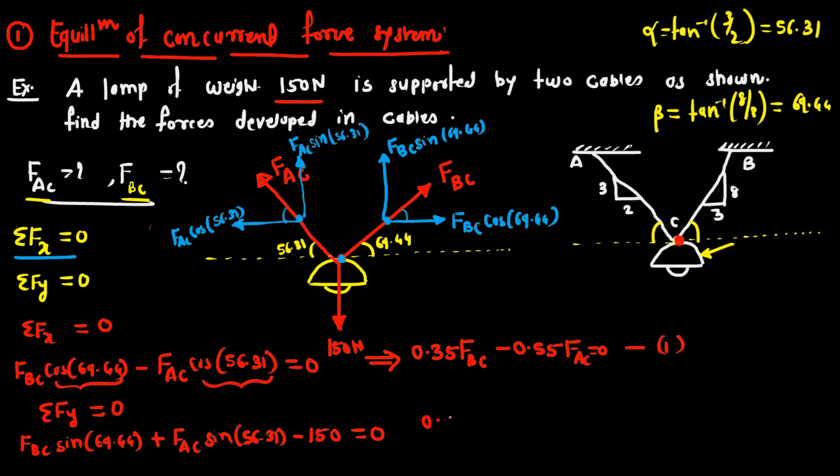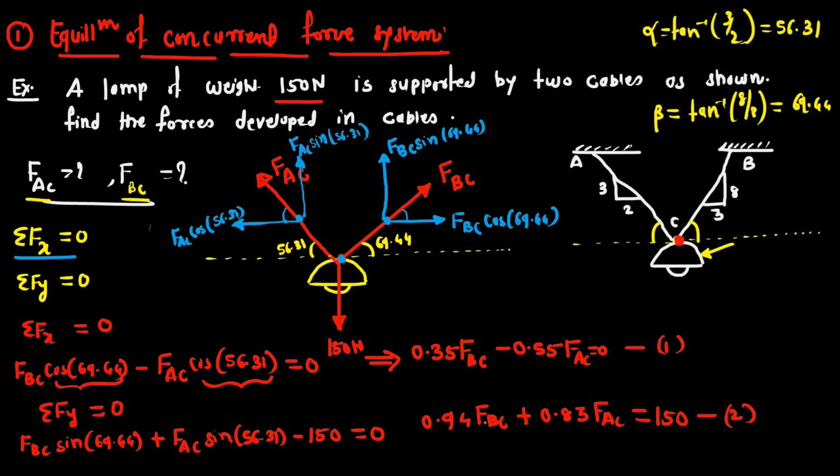So this is 0.94 FBC plus 0.83 FAC, and just shift this 150 to the right hand side. So equal to 150. Okay. So this is your second equation.